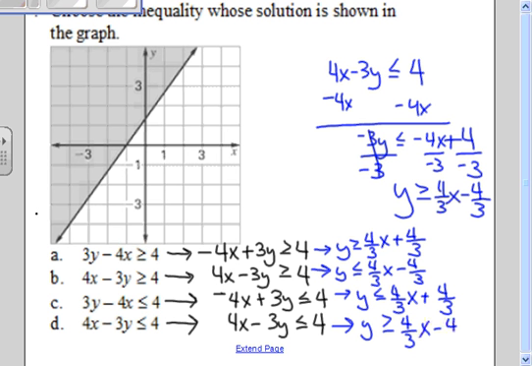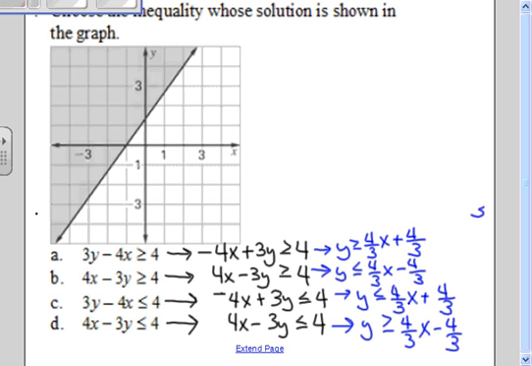Now these look so very similar that it's going to be important while you're looking at these that we look at this piece by piece. First of all, that is B. B is where it crosses the y-axis. So in y equals mx plus b form, you're looking for something that crosses at a little bit bigger than 1. 4 thirds is exactly 1 1/3.